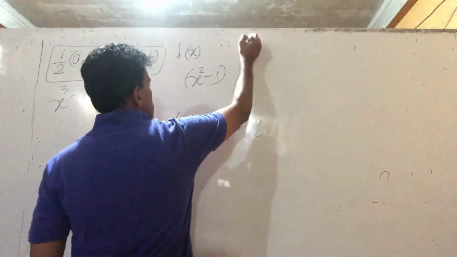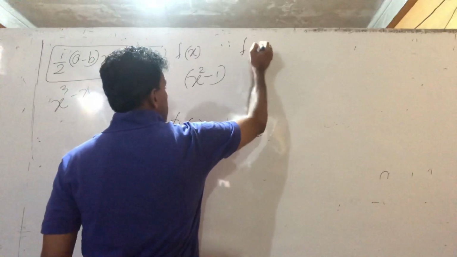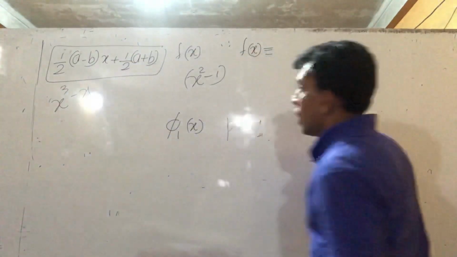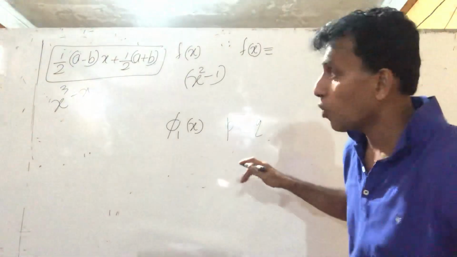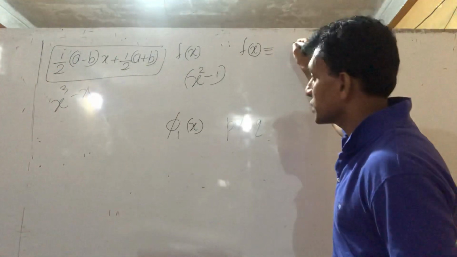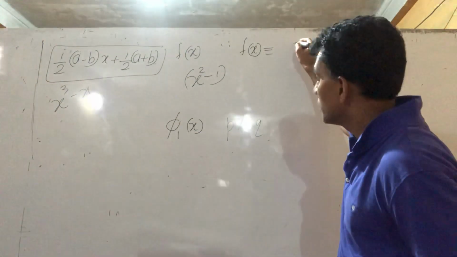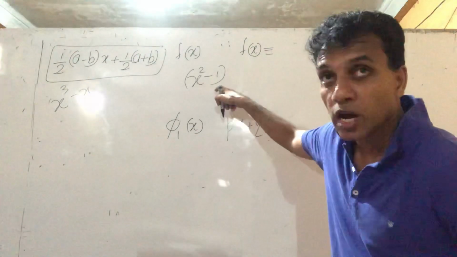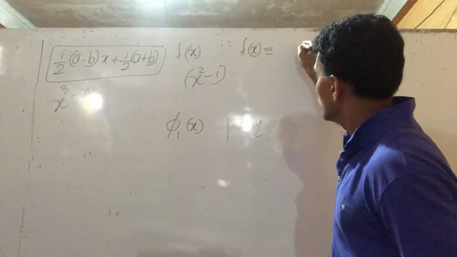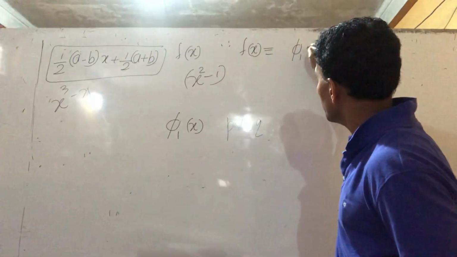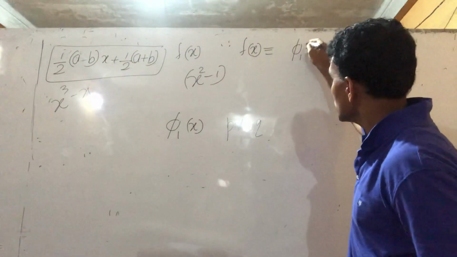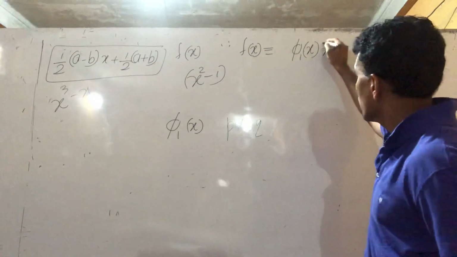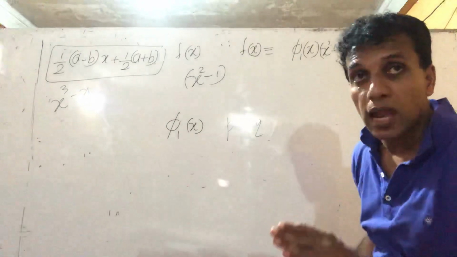Therefore, f(x) equals answer into divisor. What is the answer? Phi 1(x), divisor x squared minus 1. So phi 1(x) into divisor plus the balance, right?